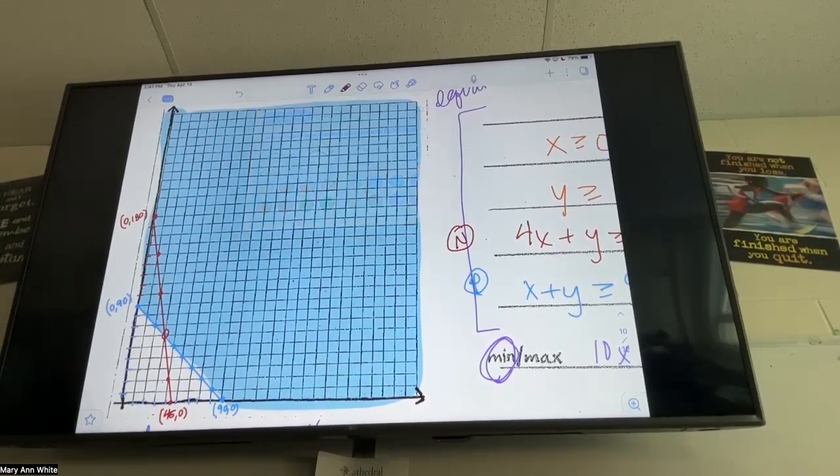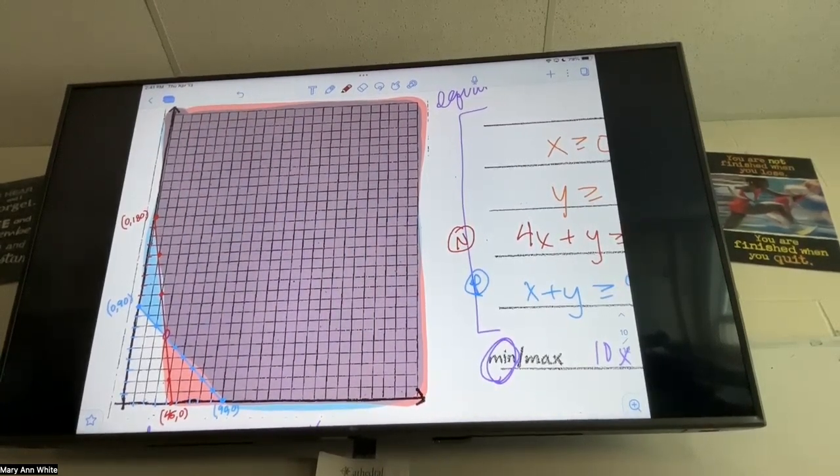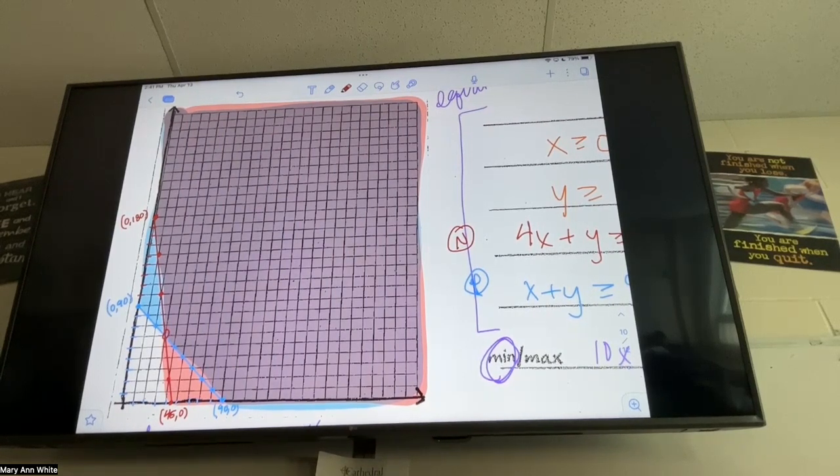I'm going to do my red one on top of that. All right, and when you do the shading in pencil, sometimes it feels a little crazy. You're like, I don't really know what's the different part. That's why I like to shade it with my colors because I feel like it's a little bit more obvious.